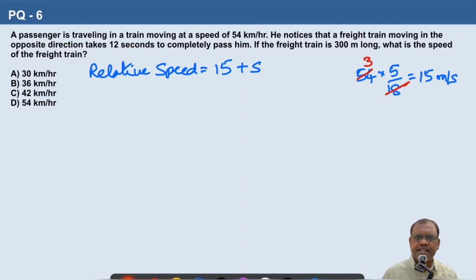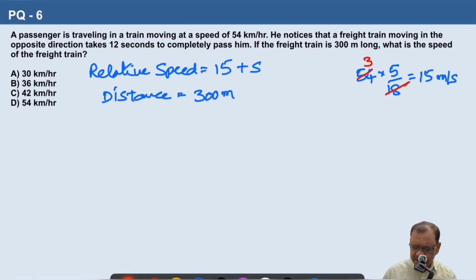The freight train is 300 meters long, so the distance to be covered to completely pass is the length of the freight train, 300 meters. So for the train to completely cross the passenger, it should cover a distance of 300 meters.